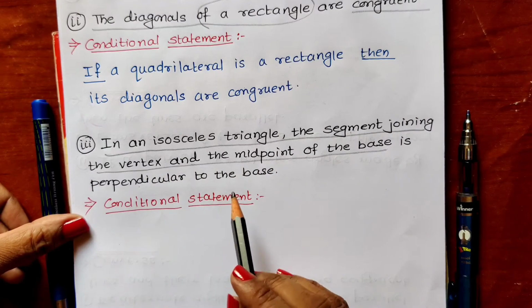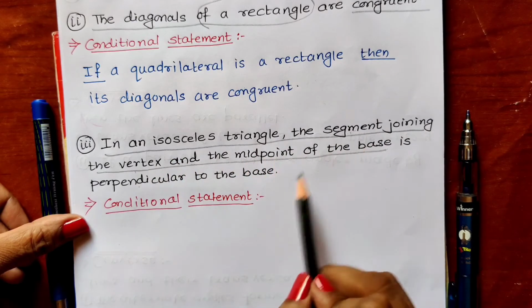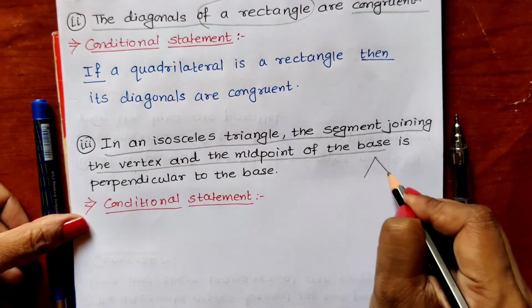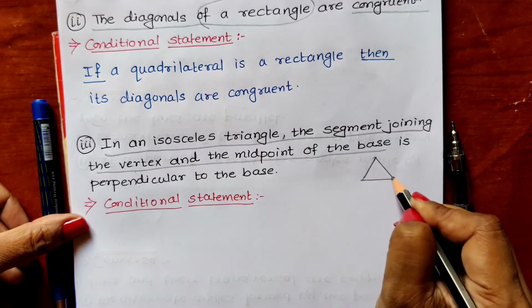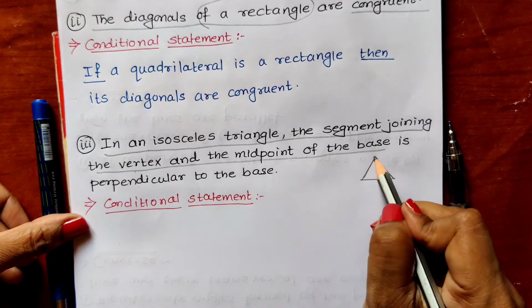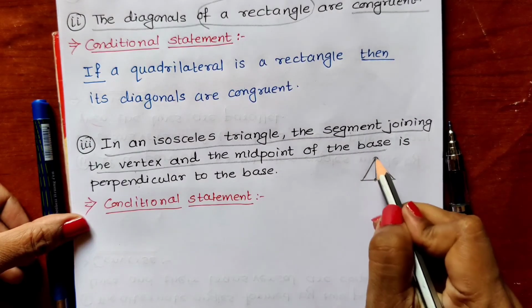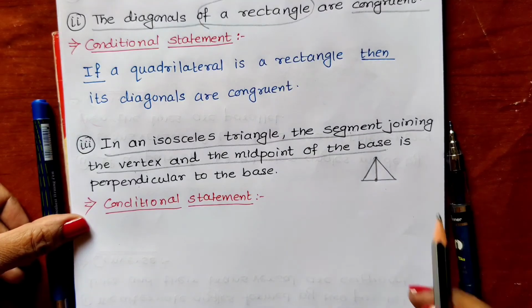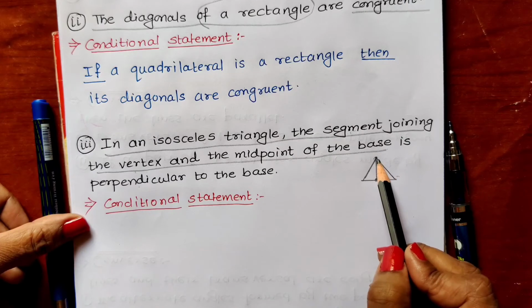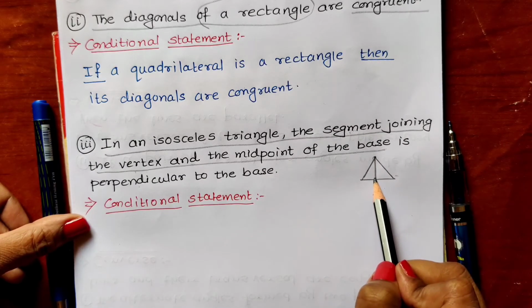If I draw an isosceles triangle and I draw a segment which joins the vertex and midpoint of the base, this is the question. There is an isosceles triangle and a segment is drawn which joins the vertex and midpoint of the base.